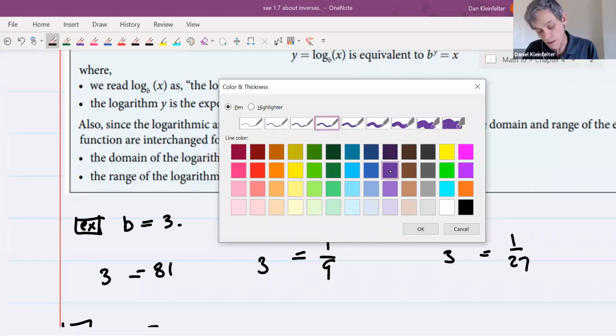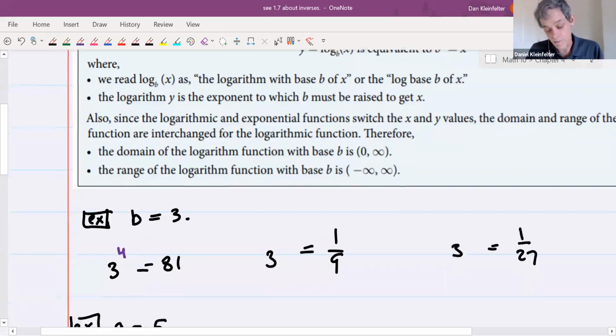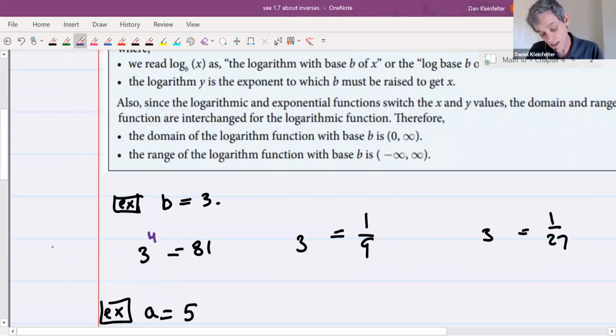But what about going the other direction? If I asked, 3 raised to what power is 81? What exponent do you need to use to raise 3 to get 81? You think about it a little bit, you get 4, right? 3 to the 4th power is 81. You just figured out a logarithm. So you figured out that the logarithm with base 3 of 81 was equal to 4.